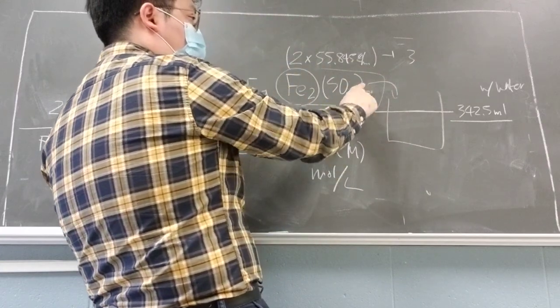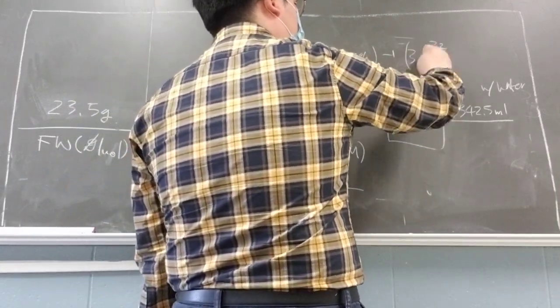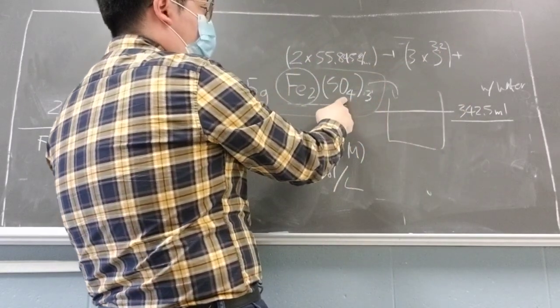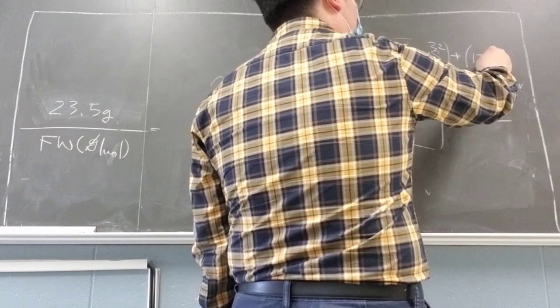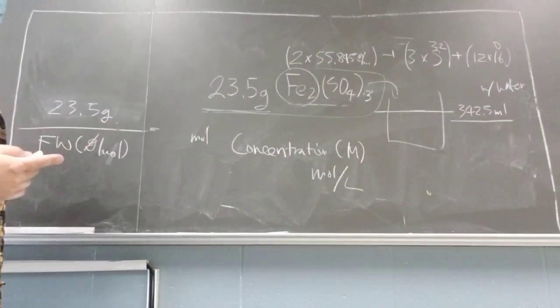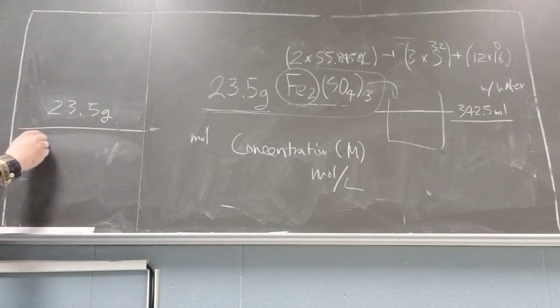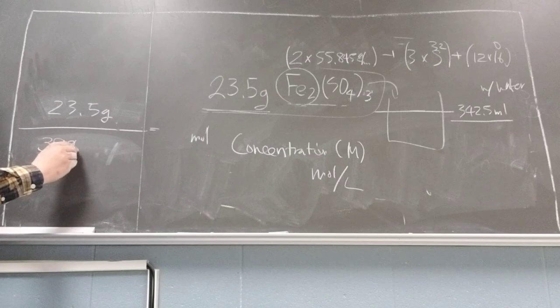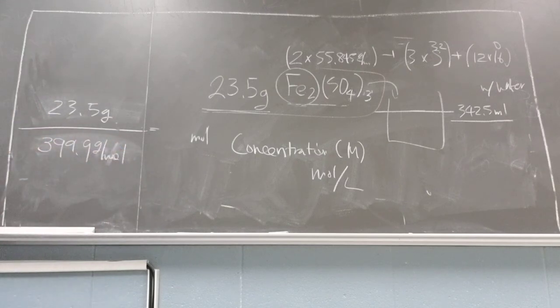Well, you see the 3, right? 3 sulfur, which is 32, plus you have 4 times 3, that's 12 times 16, which is oxygen here. So if you do all that, then it will give you approximately 399.9 gram per mole, okay? So that is your formula weight.